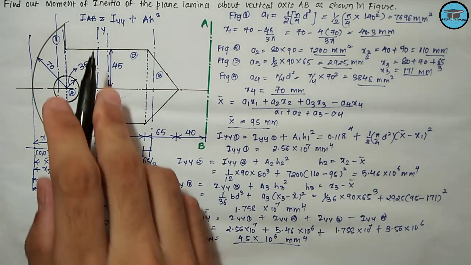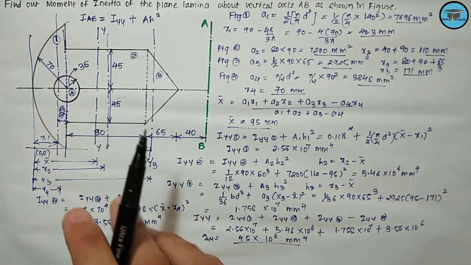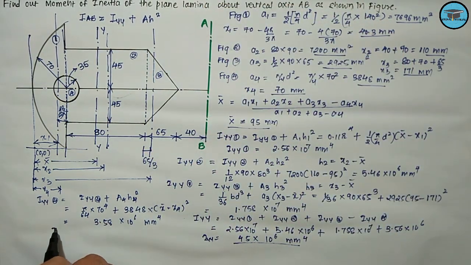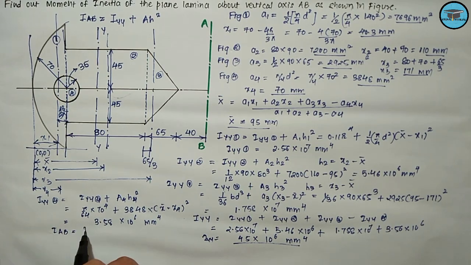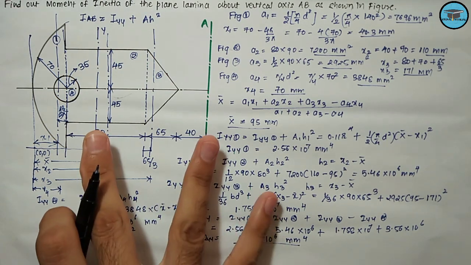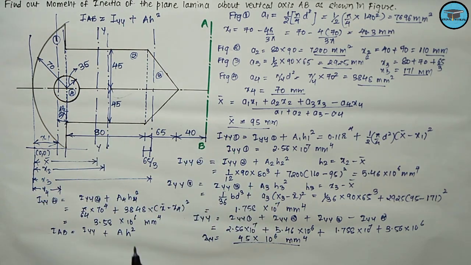Now we would be applying the parallel axis theorem to determine the moment of inertia about this axis AB. So the moment of inertia about the axis AB can be given as Iyy plus area of the plane lamina into the square of the distance between these two axes. Okay.